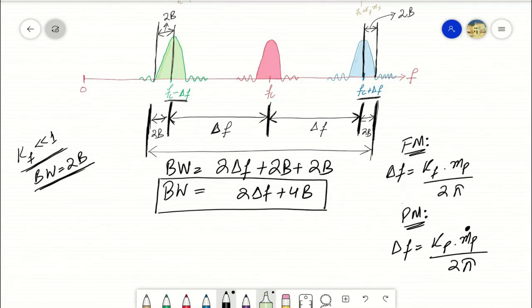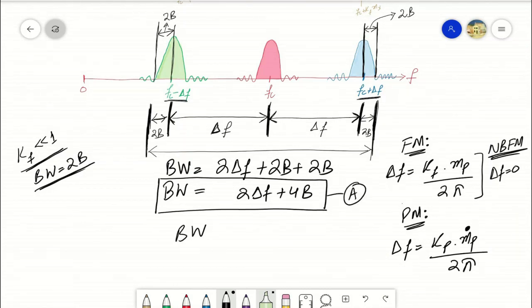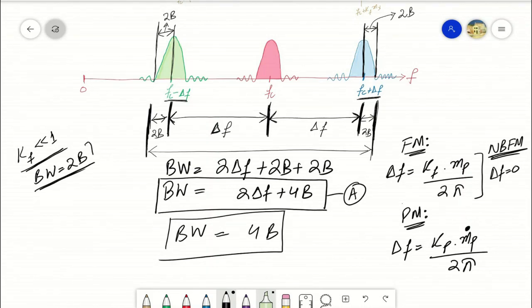While here, if we consider kf being a very small value, in this expression of delta f, we can approximate delta f as equal to 0 for the case of a narrowband frequency modulated signal. If we substitute delta f being 0 in this expression derived for the bandwidth of the frequency modulated signal, we end up obtaining the expression for the bandwidth equal to 4b. While we have seen from the time domain analysis that the bandwidth of such narrowband modulated signals should be equal to 2b.